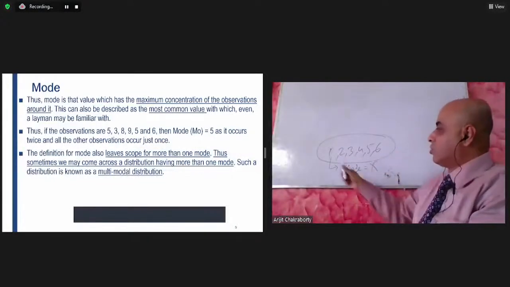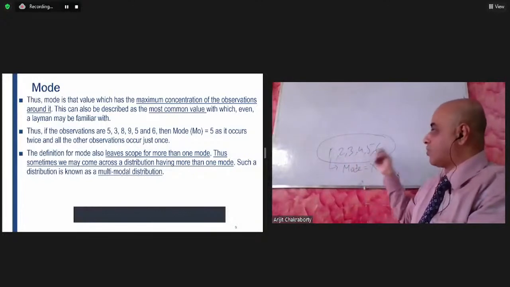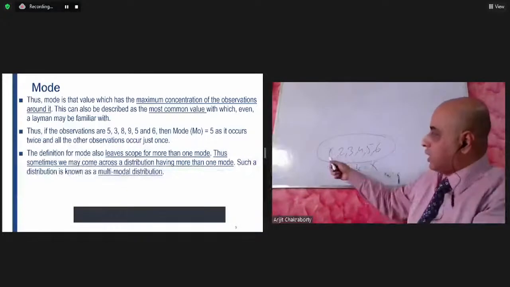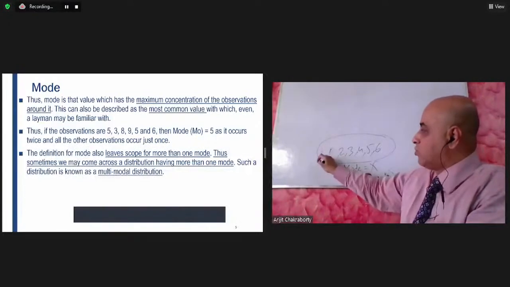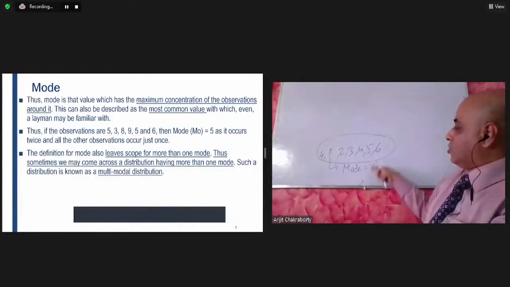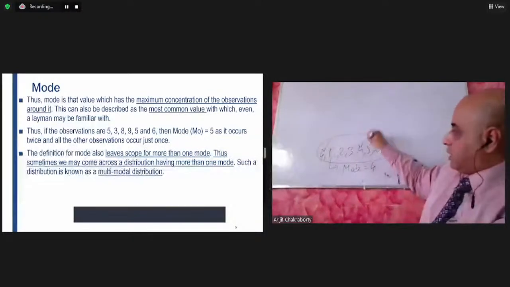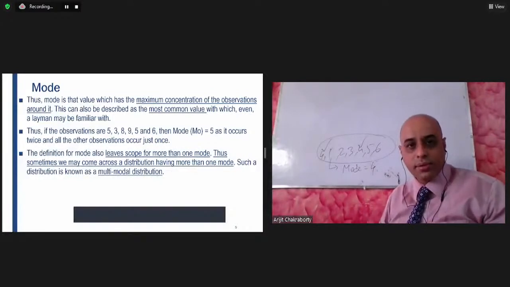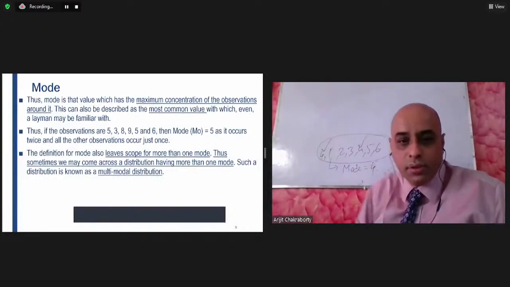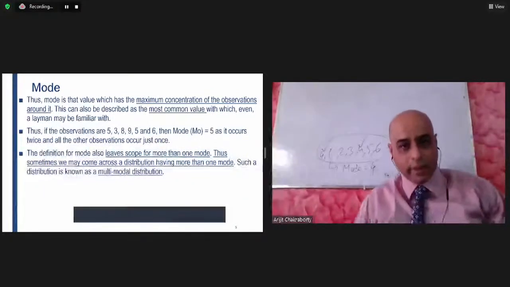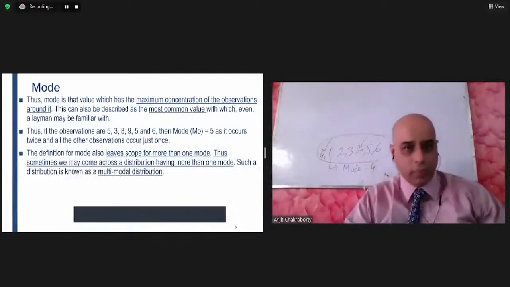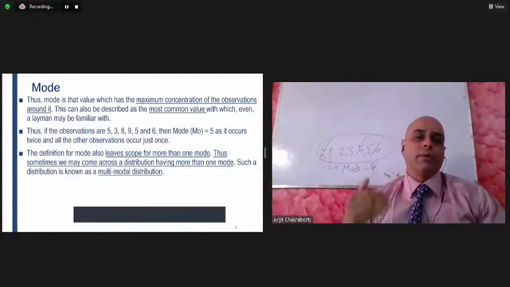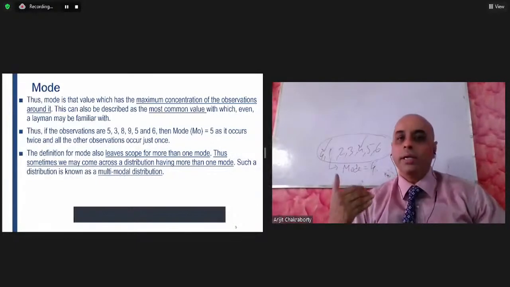No, there is no mode because the numbers are 1, 2, 3, 4, 5, 6. The moment I write one more 4 here, the mode becomes 4 because 4 appears twice. In this way, I can have 3 modes also, trimodal. So the mode can be more than one. There can be one mode, 2 modes, and it can be multimodal.